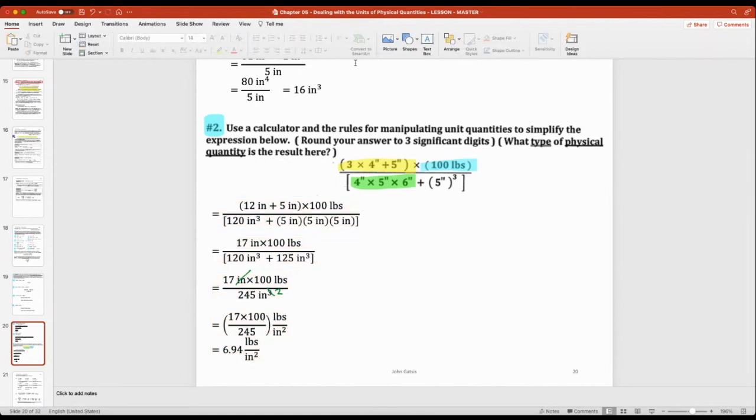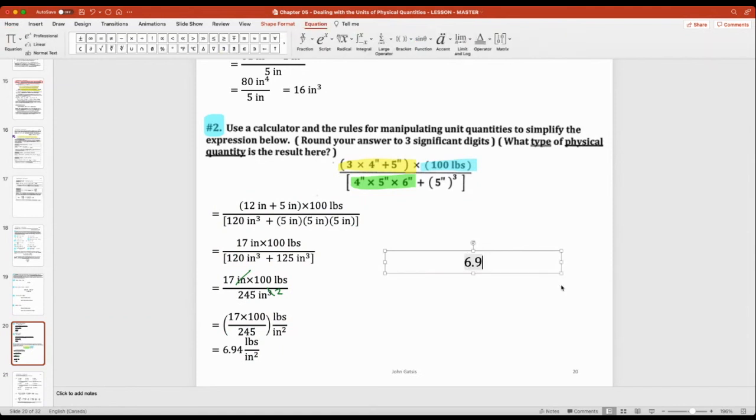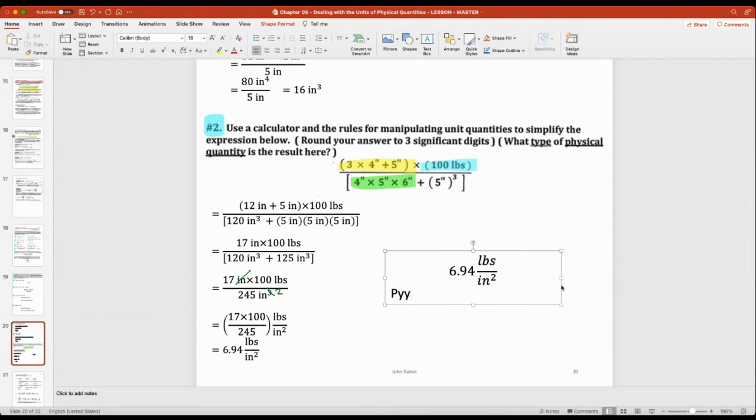But it says here, what type of physical quantity? So let's talk about that now. We have here 6.94 pounds per square inch as our answer. But what is the physical quantity? When you have pounds over an area, I think many of us mentioned that earlier. I saw at least 3 or 4 people say it.